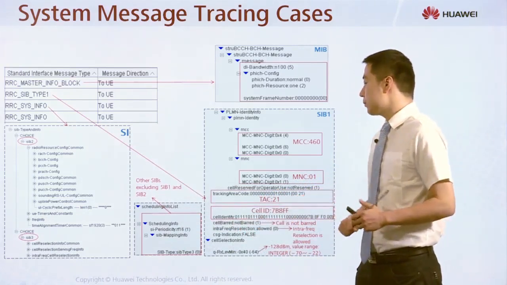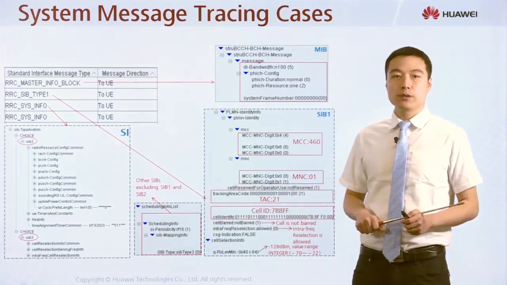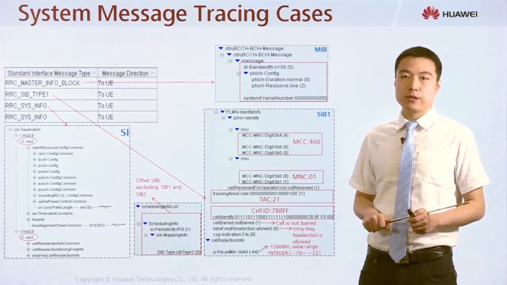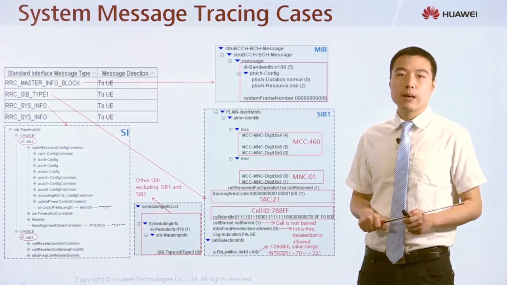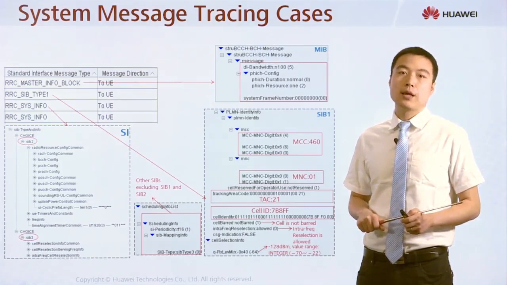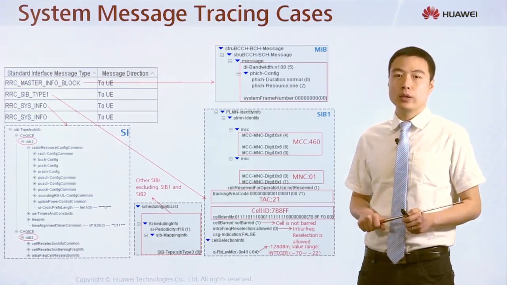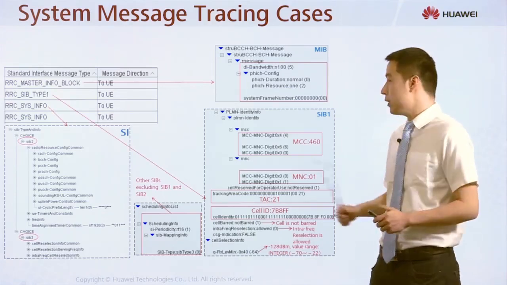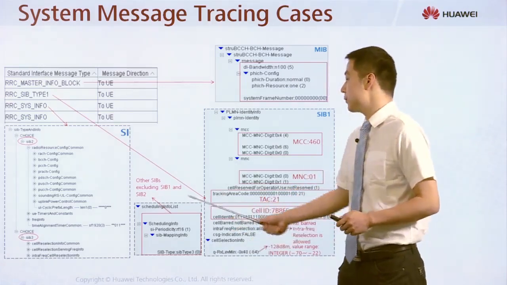The other SIBs, for example SIB4, SIB5, SIB6, SIB7, some of them are unnecessary. Sometimes we cannot trace those SIBs from our Uu interface. These are examples for those SIBs.